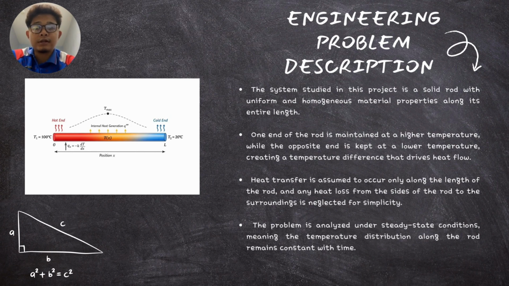Next, heat transfer is assumed to occur only along the length of the rod, and any heat loss from the side of the rod to the surroundings is neglected for simplicity. The last one, the problem is analysed under steady state condition, meaning the temperature distribution along the rod remains constant with time. So this is the schematic diagram for our project.